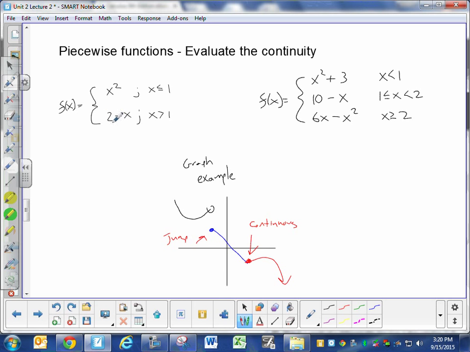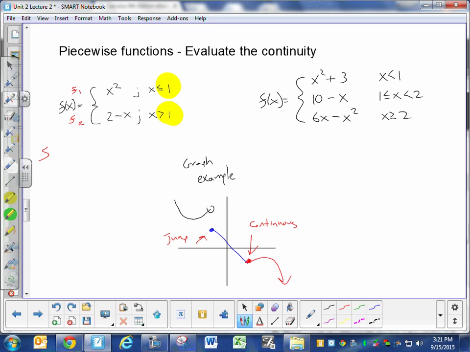So for this guy, all I have to do is evaluate where this guy leaves off and where this guy picks up. And where they leave off and pick up is always going to be defined by your domain. And we are leaving this one when x is 1, and we're picking this one up at 1. So what I do is I consider this like the mini f1, and this is mini f2.